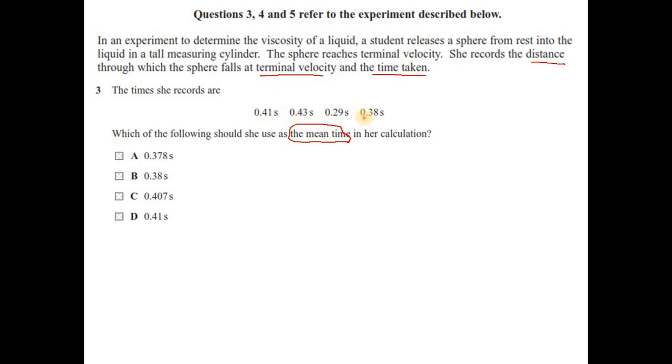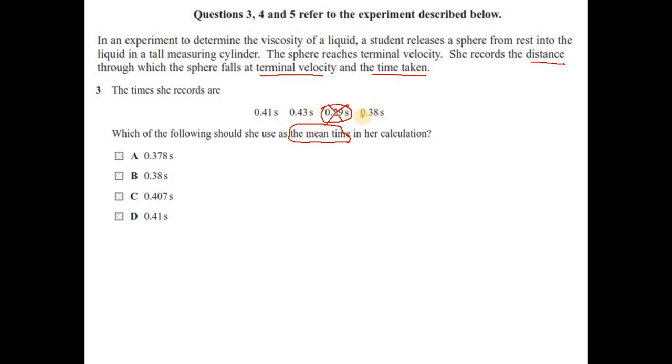And in this, generally, they want to check your concept of anomalous reading. So if you see 0.41, 0.43, 0.29, 0.38, the first two and the last one are close readings, but 0.29 you can say is your anomalous reading, so you ignore this and you find the mean of these 3 numbers.